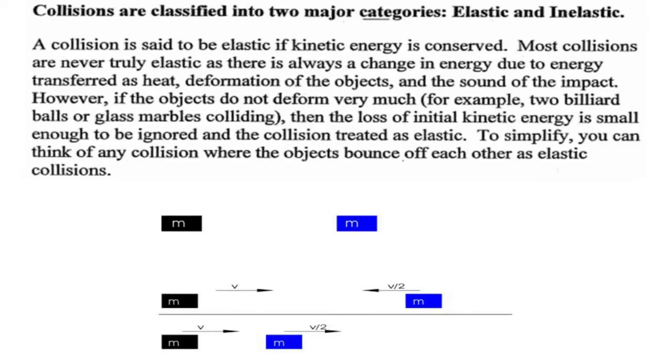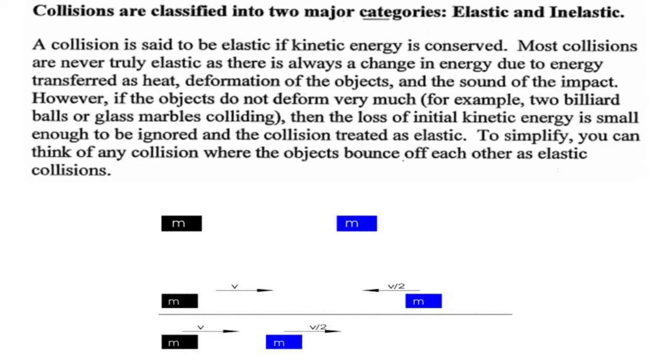Alright, so let's look at these two types of collisions that we have. We're going to begin with the elastic collision. A collision is said to be elastic if the kinetic energy is conserved. Most collisions are never truly elastic, and there is always a change in energy due to energy transfer as heat, deformation of the objects, and the sound of the impact.